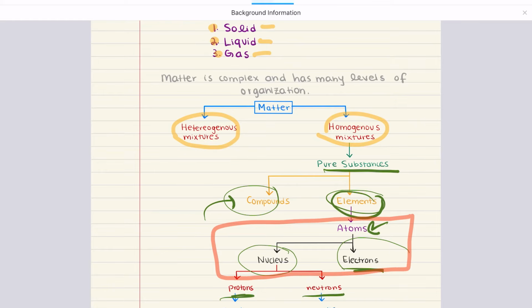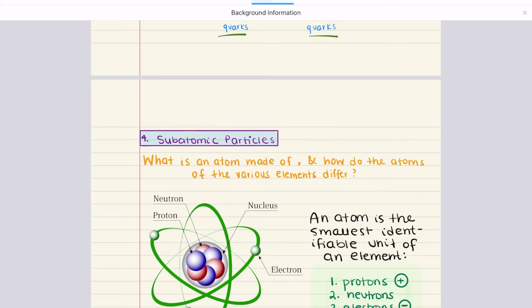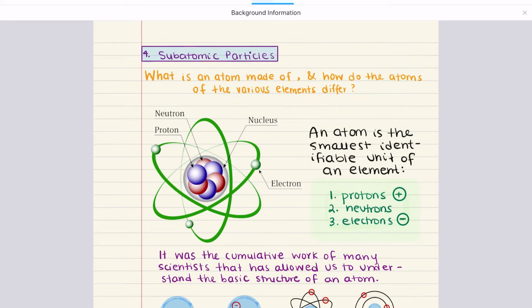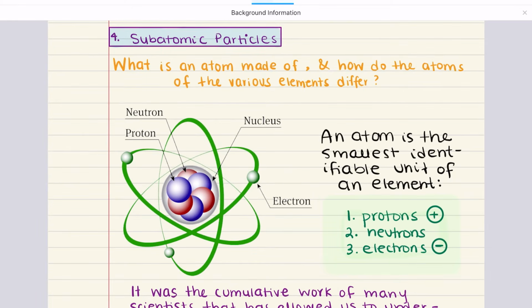And actually, in this next objective, we're going to really be focusing in on understanding atoms and the different components of atoms in terms of protons, neutrons, and electrons. To motivate this next objective, we want to ask, again, what is an atom made of? And how do the atoms of various elements differ? We know that an atom is the smallest unit of ordinary matter that forms a chemical element, composed of a nucleus made out of protons and neutrons, with electrons orbiting the nucleus.